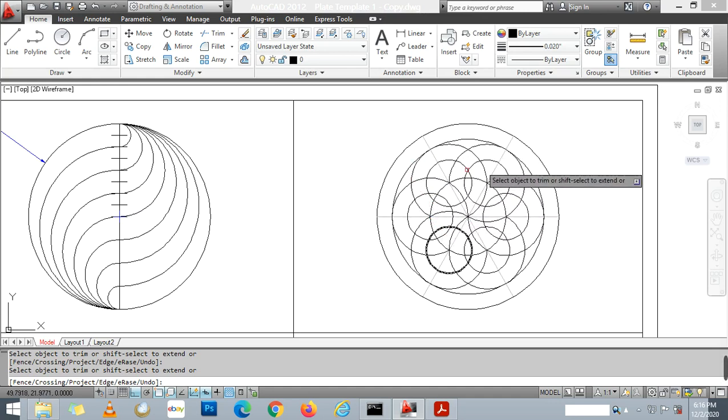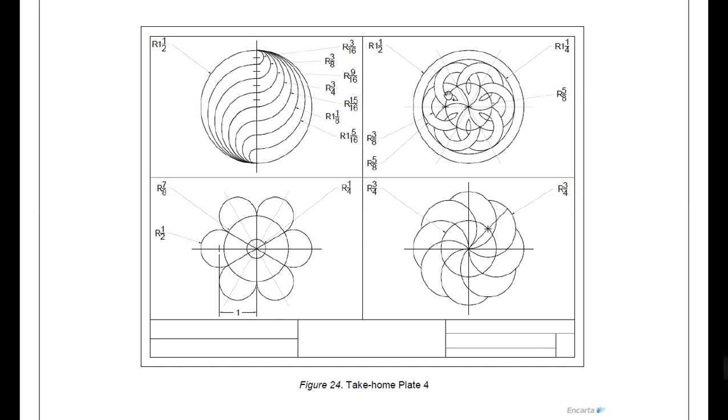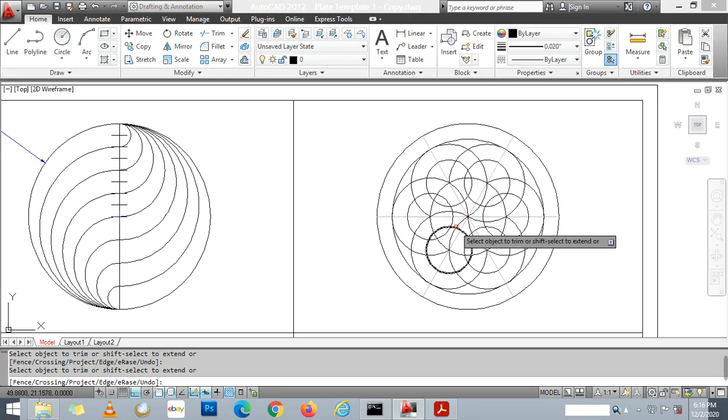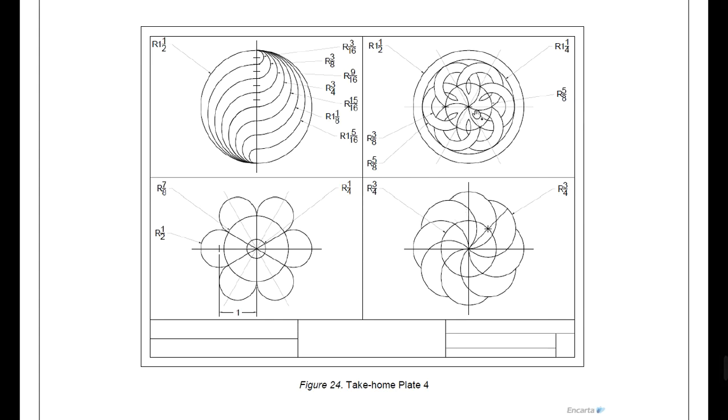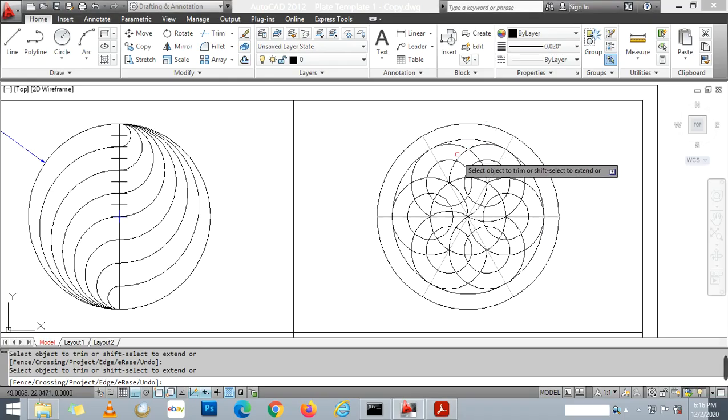And, okay. And for the inner circle, so those intersections here. Okay.